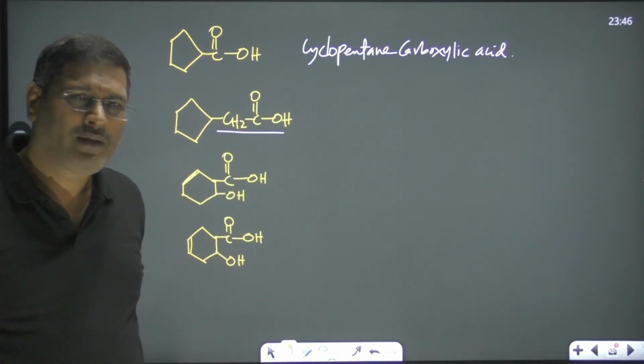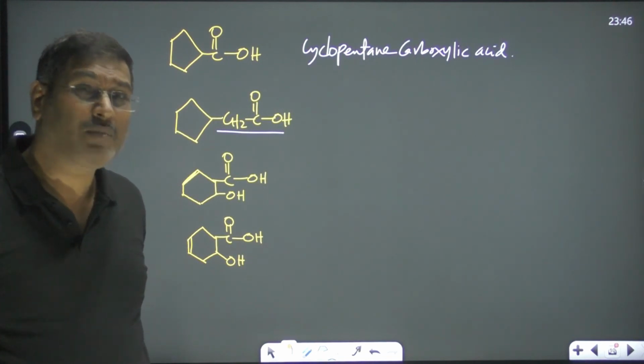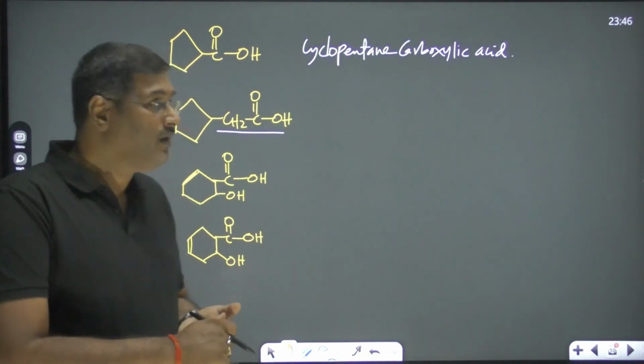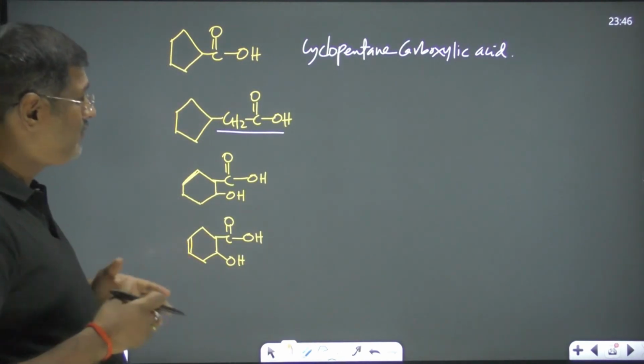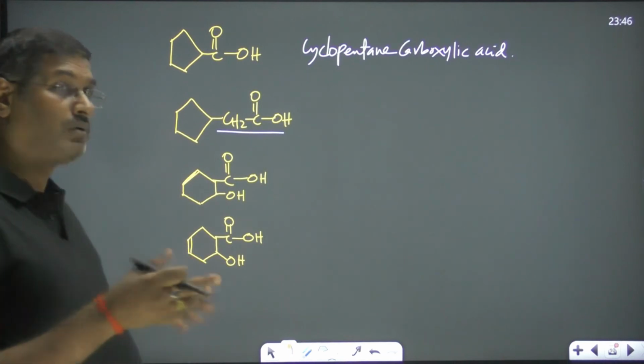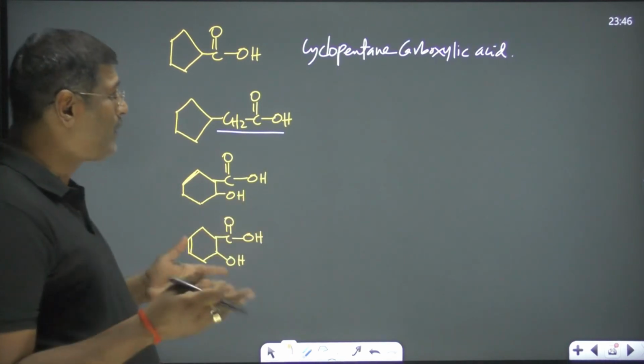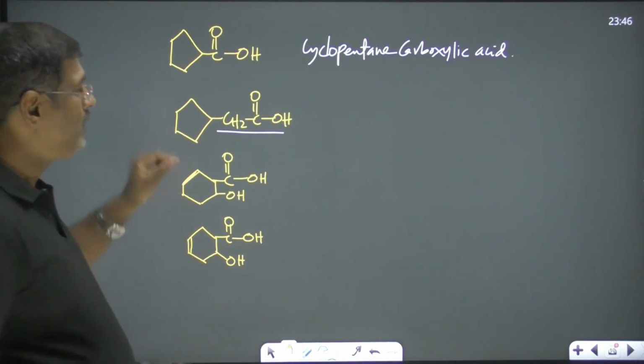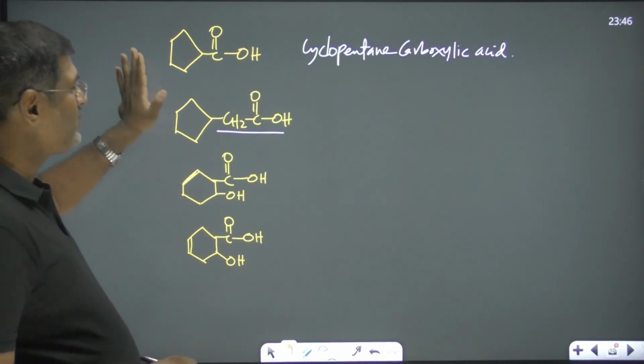That is not the IUPAC system. That is the CAS, Chemical Abstracts Service system, a special system of the USA, given in many of the books. They are mixing them, don't know what to do and where. So be clear, no confusion.